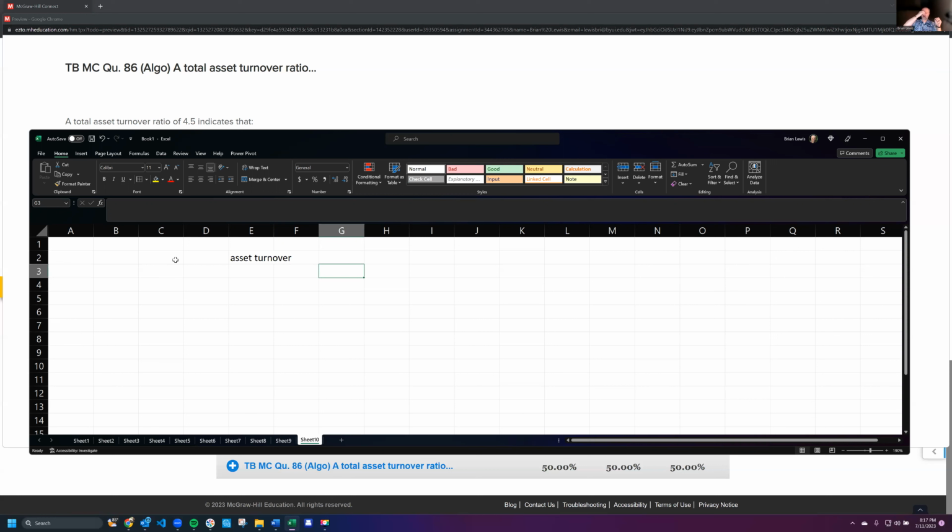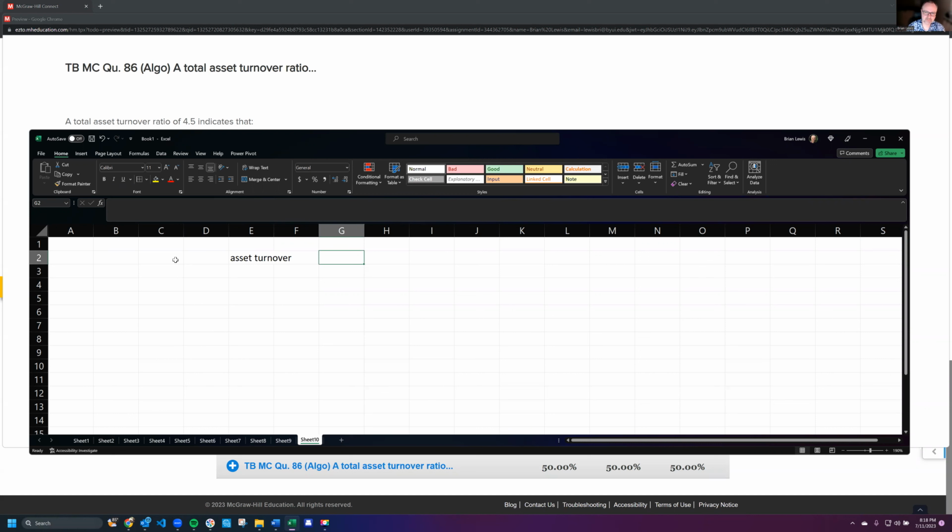So an asset turnover, you would have an asset value compared to the total asset turnover ratio. Oh my goodness, this is horrible. I'm going to guess, because I don't know this offhand. I would have to go figure out what the asset turnover ratio is, but that doesn't help you if you're taking the exam, right? Because you probably forgot it just like I have.